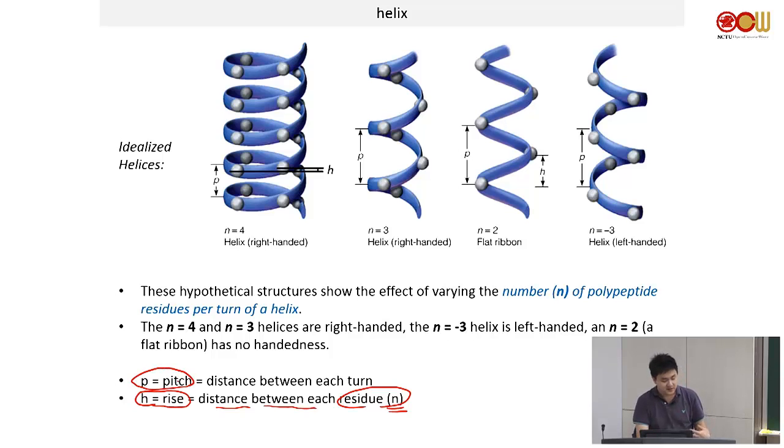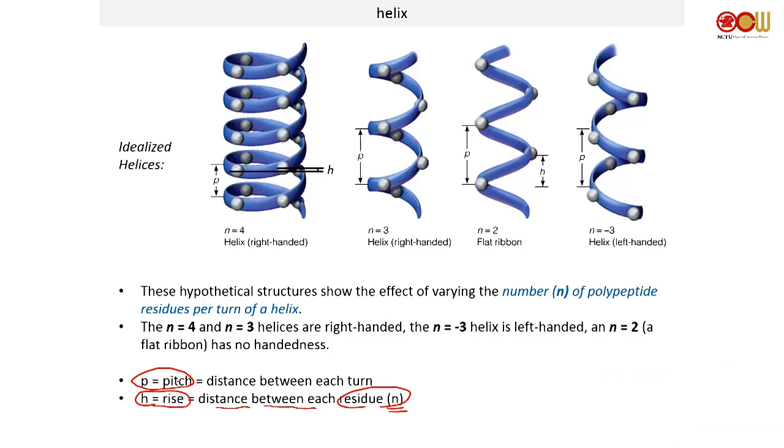Pitch is the distance between each turn, meaning the vertical distance between this amino acid and the next time another amino acid comes back to the same location. That's one pitch. So that's the height between the identical position for it to make one full turn. Okay, make sense? All right.